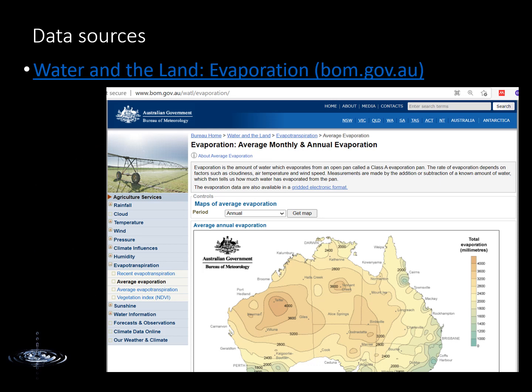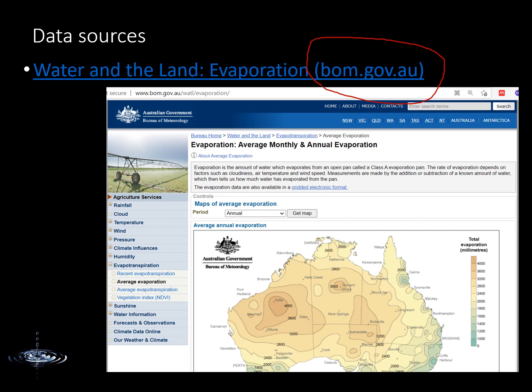Now let's talk about the data sources, where we get the different data that we need: the rainfall, evaporation and other climatic information. Here in Australia, the Bureau of Meteorology website is where we need to go.